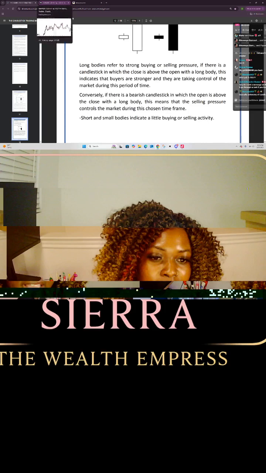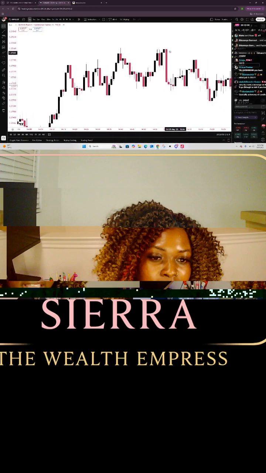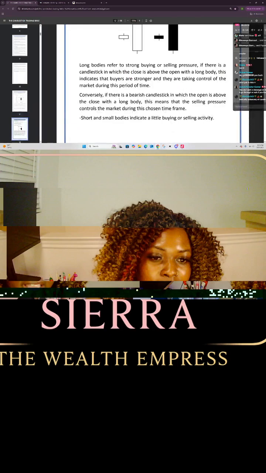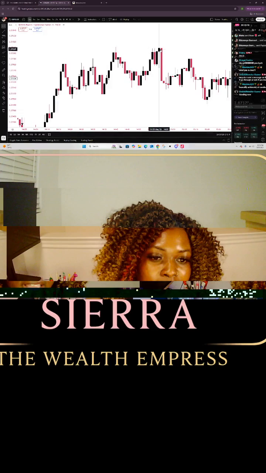So it's saying, okay, if there's a bearish candlestick, all right, so remember my pink is bearish. This is a bearish candlestick. If there's a bearish candlestick in which the open, all right, this right here is the open, because remember, this is our last close.